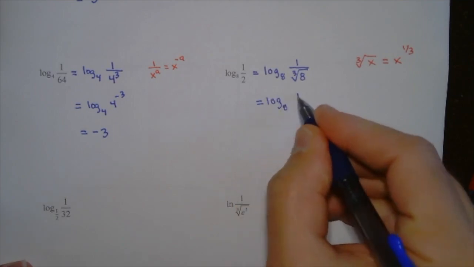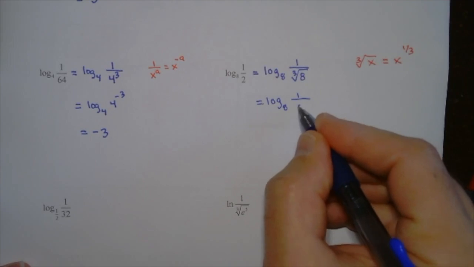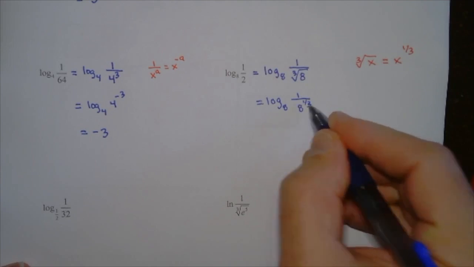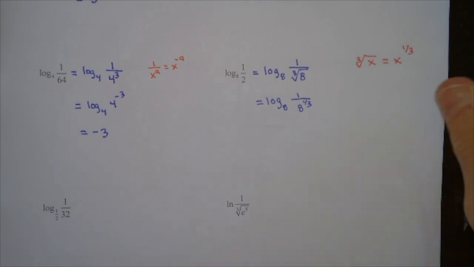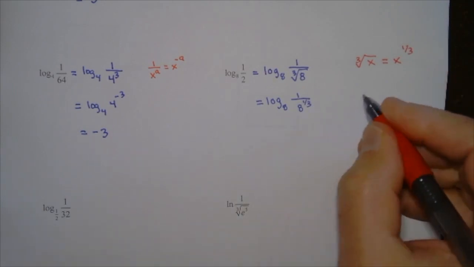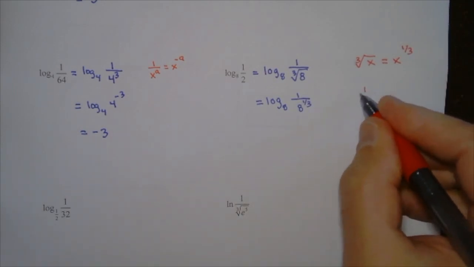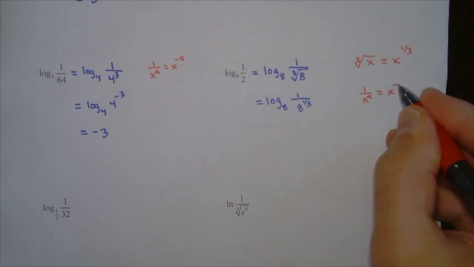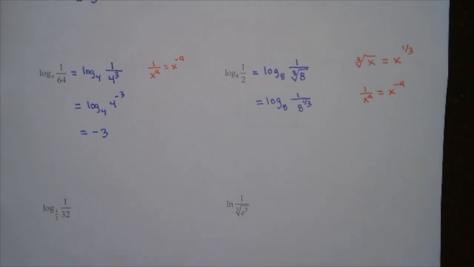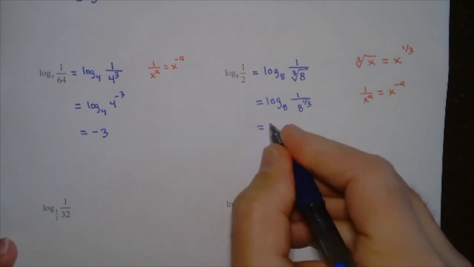So this becomes log base 8 of 1 over 8 to the 1/3 power. And now what we can do is use the negative exponent idea. Again, if you have 1 over x to the a, that's equivalent to x to the negative a.